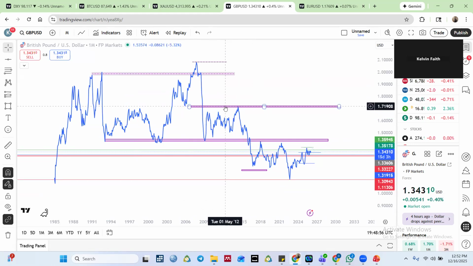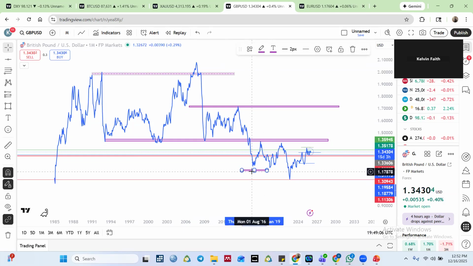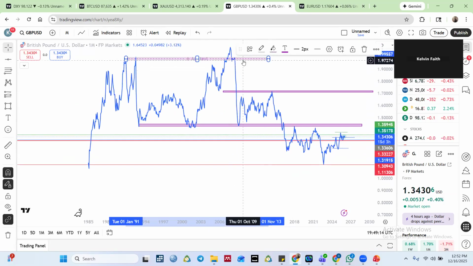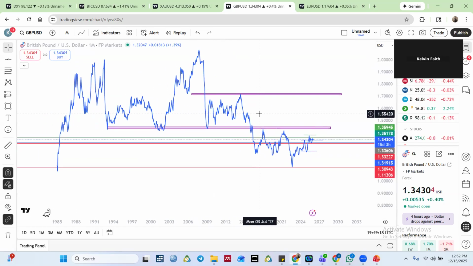But is there any indication telling us that the bearish movement is going to end? That's something we have to look for. We have to look for something that communicates to us that the bearish movement will end.